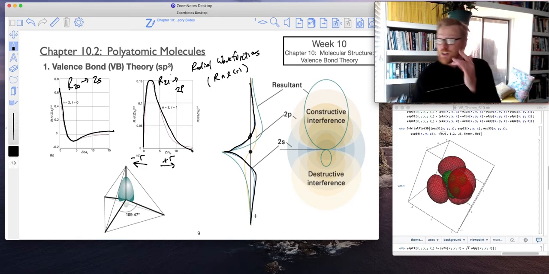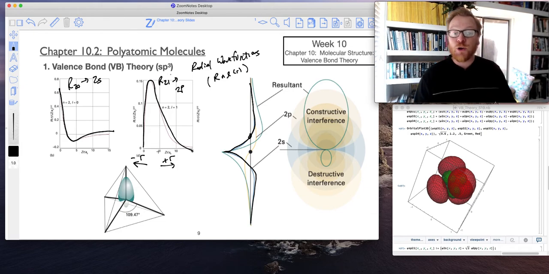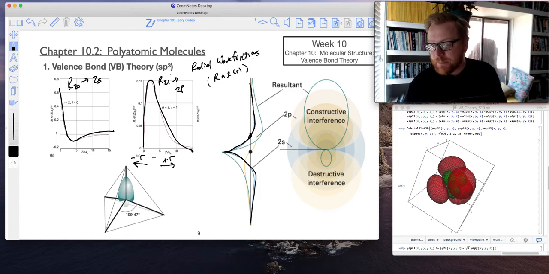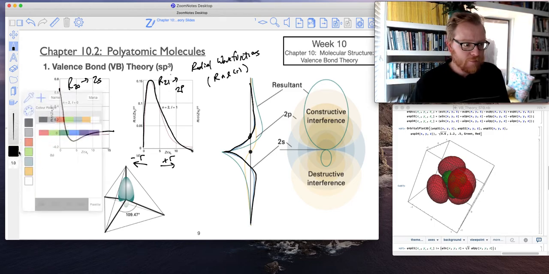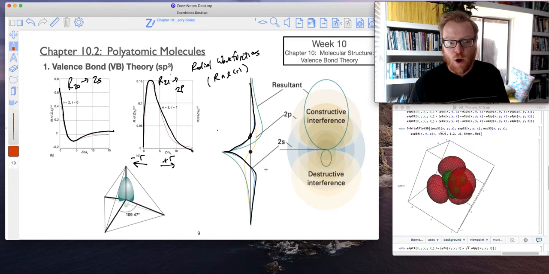So here's what's important to note, though. When we do the same thing for 2p, when I plug in negative R values for R21, it actually flips the sign. And I'll show you that. I don't have the equation in front of you, but I'll just show you that result.